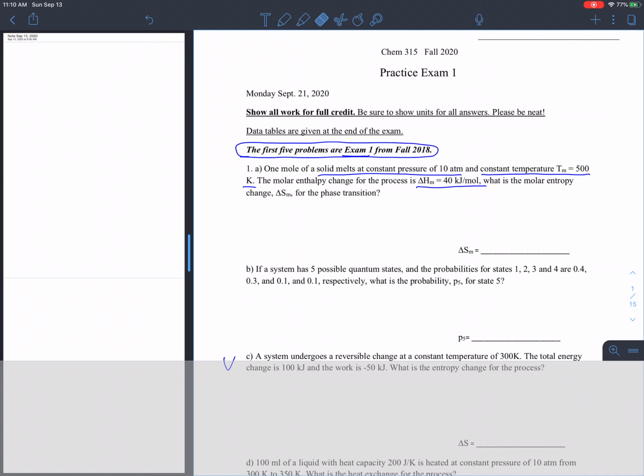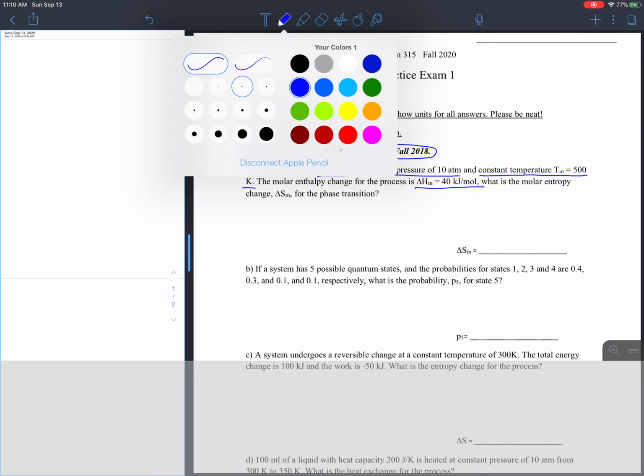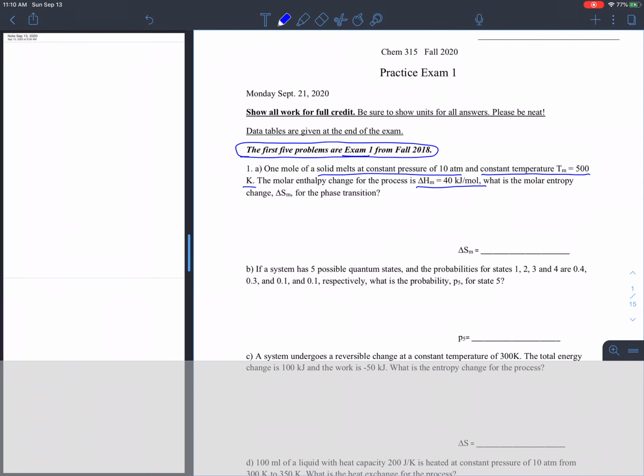I have some extra space that I've given myself over here on the left-hand side, but I don't think I need it for this particular problem. This is a particularly easy one. It's a constant temperature process, which means that the entropy change is the heat change divided by T. And the heat change in this case, it's happening at constant pressure, so this is a Q_P.